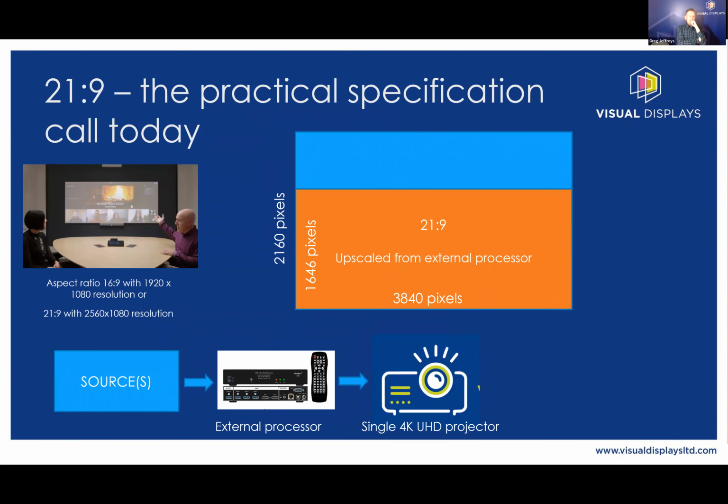So let's now look at the 21:9 thing in the detail that I was promising. Now there are a number of ways of skinning a cat, and I'm not saying this is the only way of doing it, but this is how we recommend doing it, how we shall be doing it for the moment.